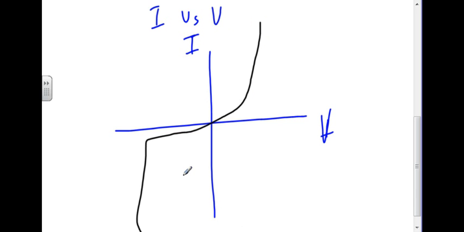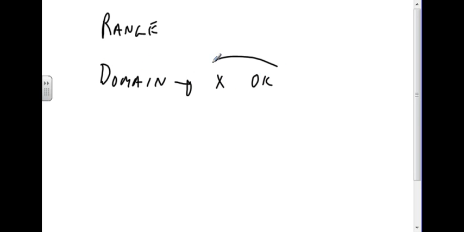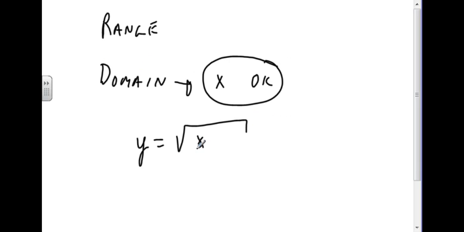A function will have a range, and it'll have a domain. All right, so the domain are all the values of x that are okay to use. Okay, so I got y is equal to the square root of x minus 4.